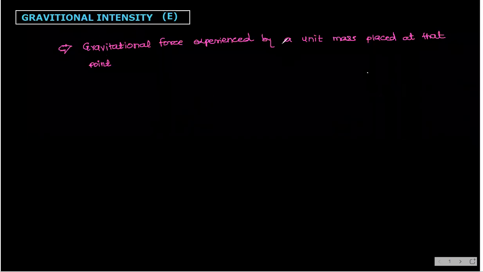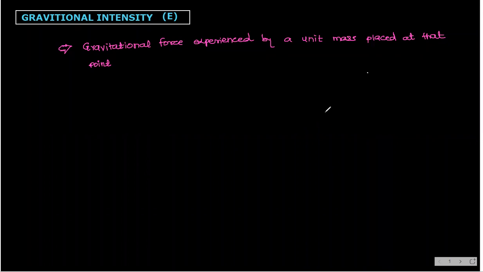So see here, suppose now we have placed one mass here somewhere like this. This is a mass m, and now there is a unit mass.